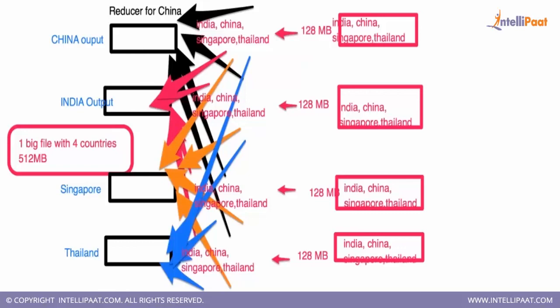I never said that reducing reducers will improve performance. Increasing reducers will increase performance. But when you increase reducers, you reduce mappers, right? If I come to this example, you have 4 mappers and you have 4 reducers.